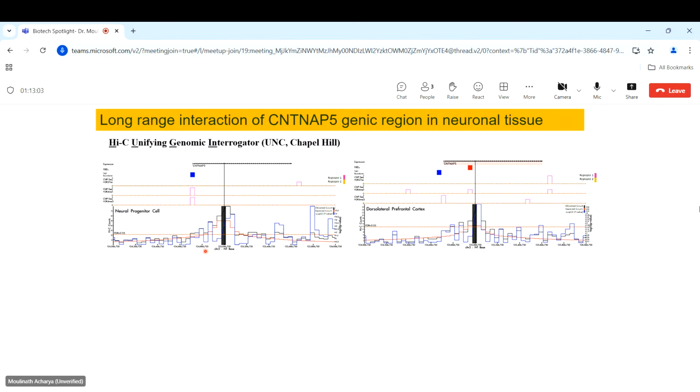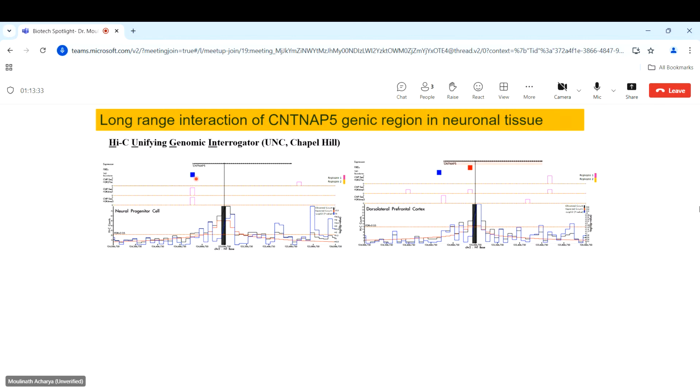When we looked at the long range interaction of this whole region in the CNTNAP5, we used this HiC database, and we have not found any retinal cell or retinal data. So what we have looked into is the neural progenitor cells and dorsolateral prefrontal cortex area, which both are brain areas.